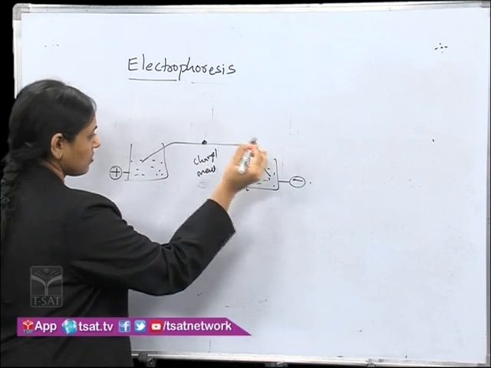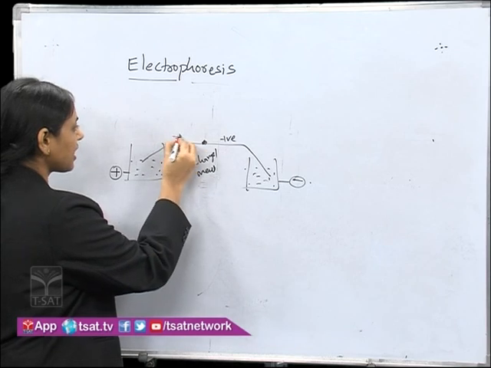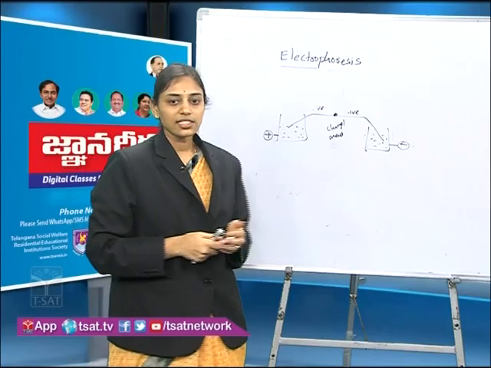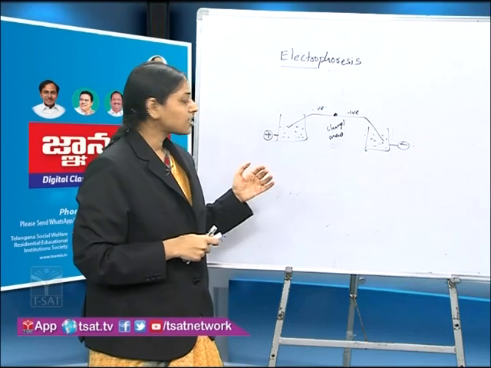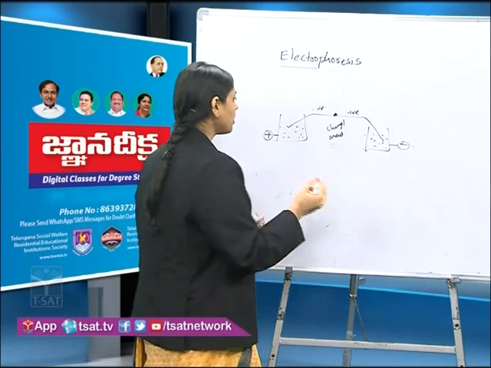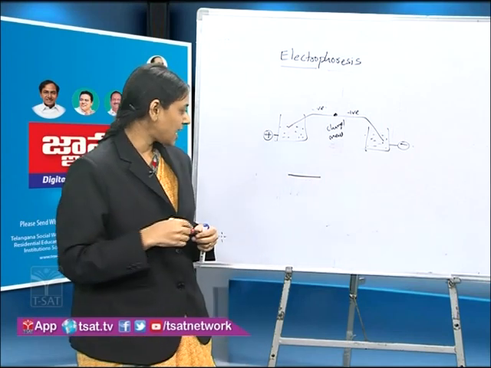So positively charged particles move towards this side and negatively charged particles move this side, and based on the mass, bigger molecules migrate slower than the smaller molecules. Once the run is complete, we need to take it out and stain it with the dyes.